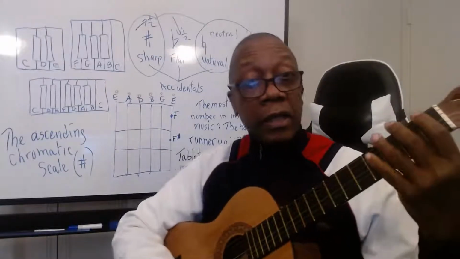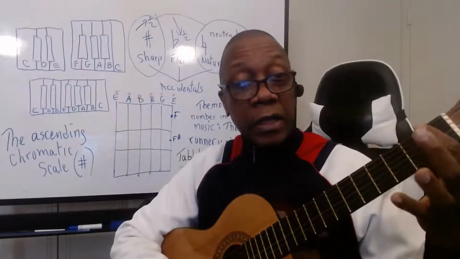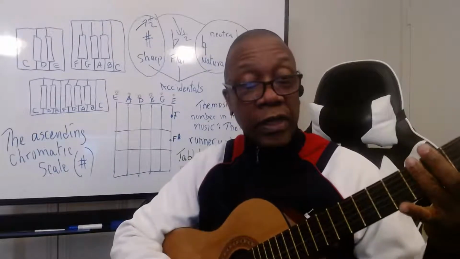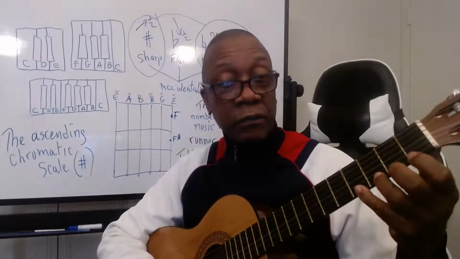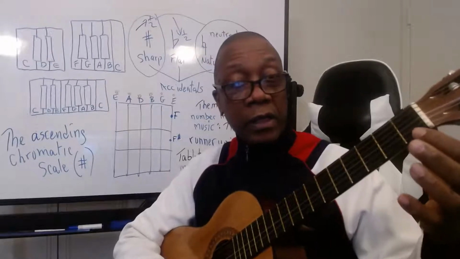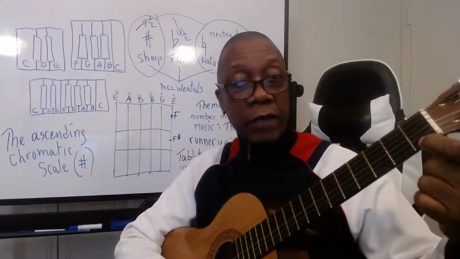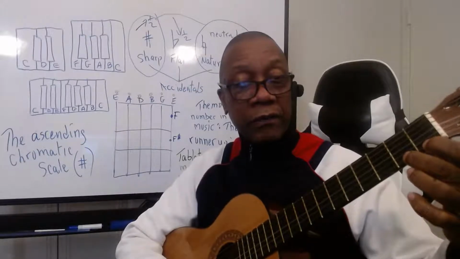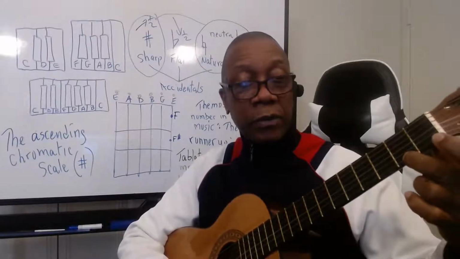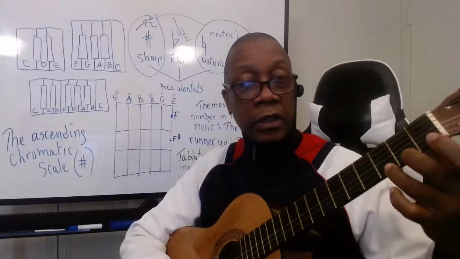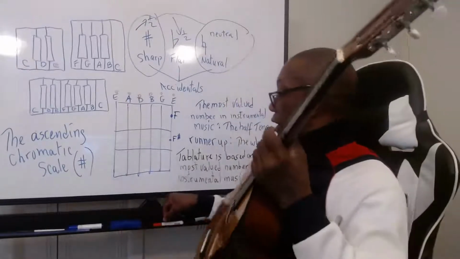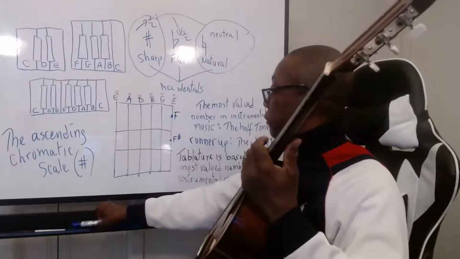Remember that in our previous lesson we learned that every finger belongs to a fret. So when I'm going down, I go from the first finger, second finger, third finger, fourth finger. So I have open E. I have the first fret, that's F, and the second fret, that's F sharp. The third one is G. I'm writing it down.